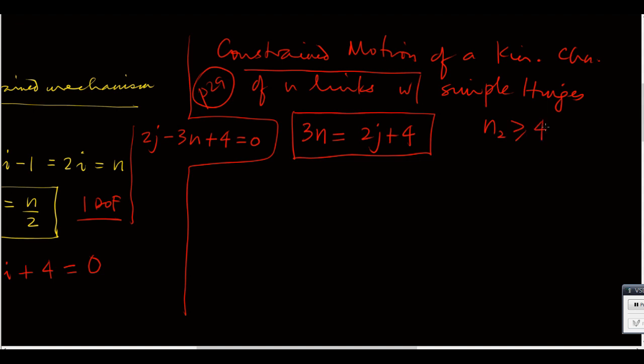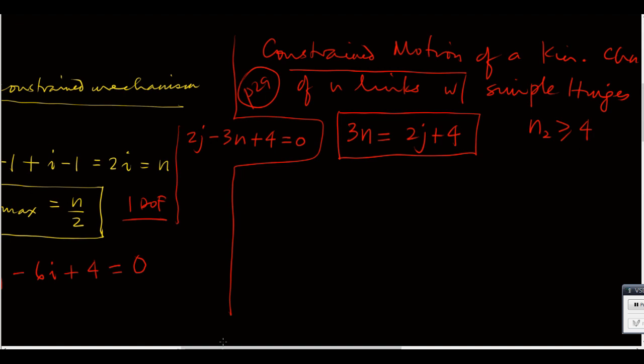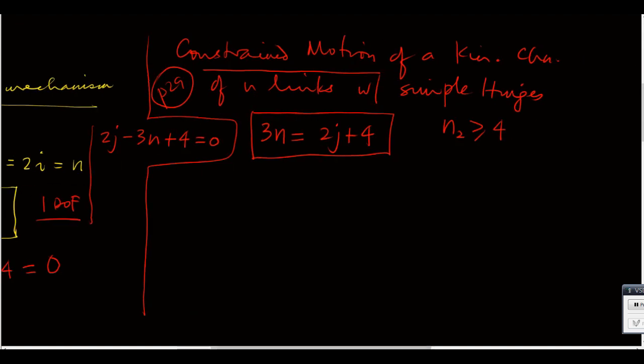The minimum number of links is 4, and so let's try a bigger number. Can we try 5? We can just look here and realize we can't have 5, because 3 times n is an even number, therefore n is even.